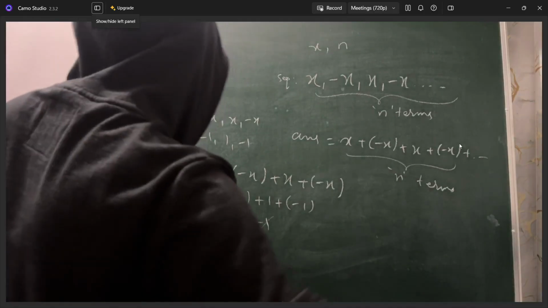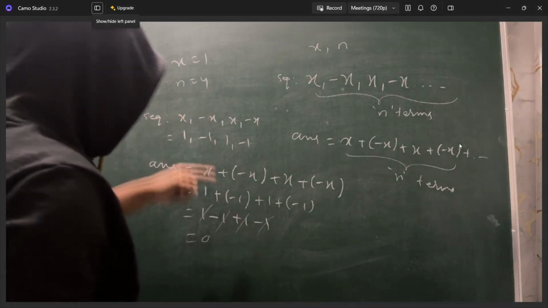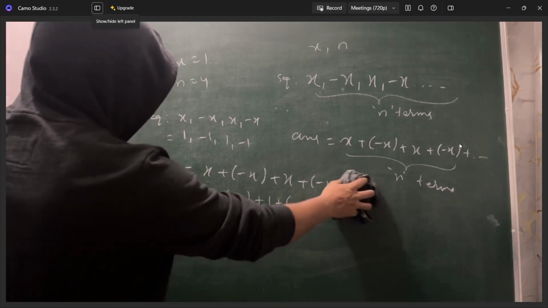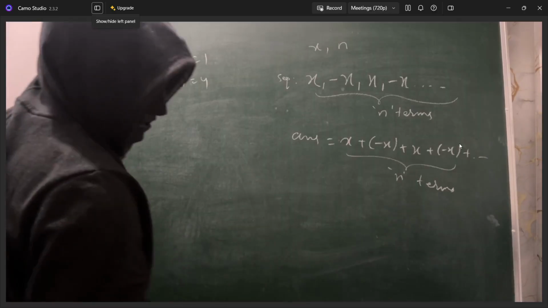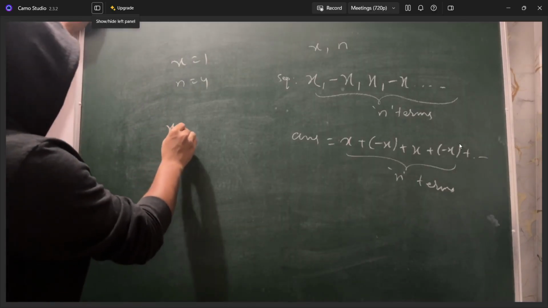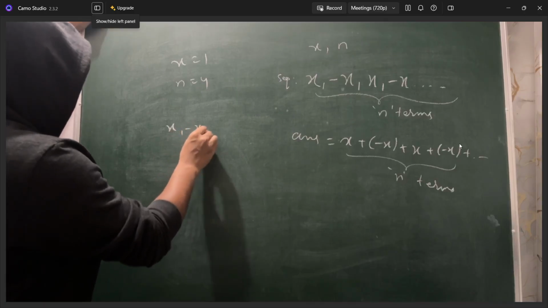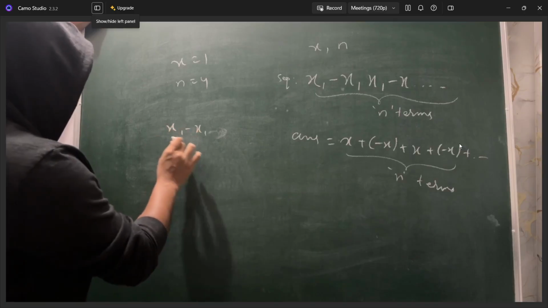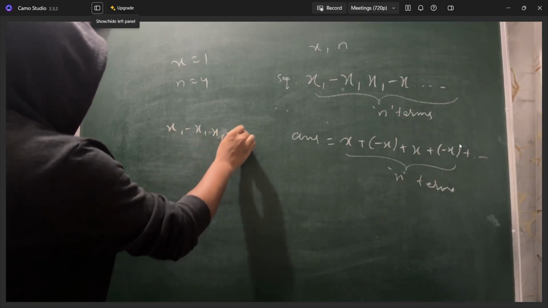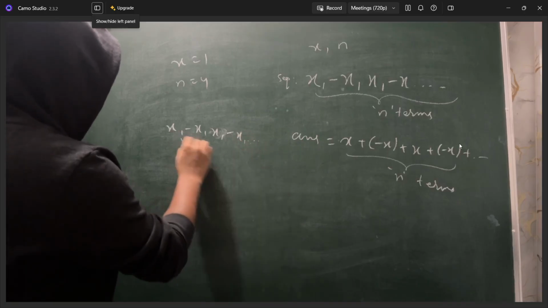But one thing I'll tell you is that whenever n is even, your answer will always be 0. I'll prove why. Your sequence starts with x and continues alternating positive and negative till n terms.